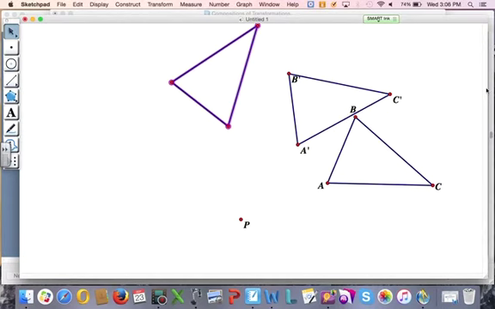Your text says to label that image as A double prime, B double prime, C double prime. And look at that, the program already knows what I want those points to be called.